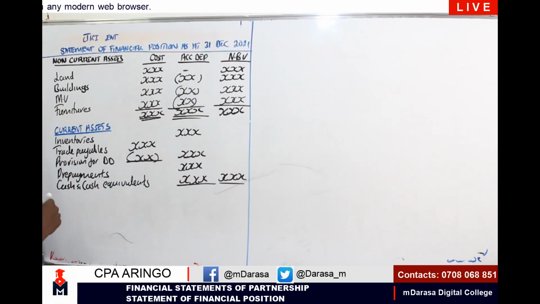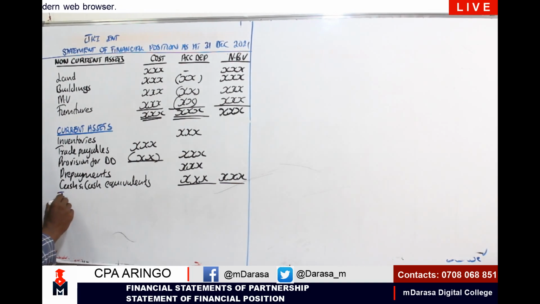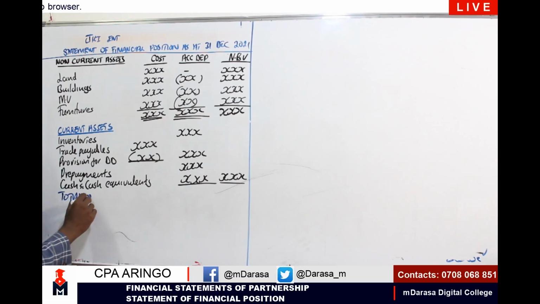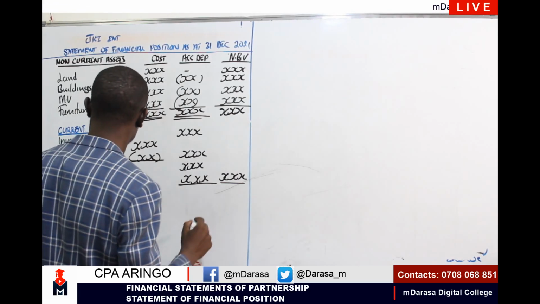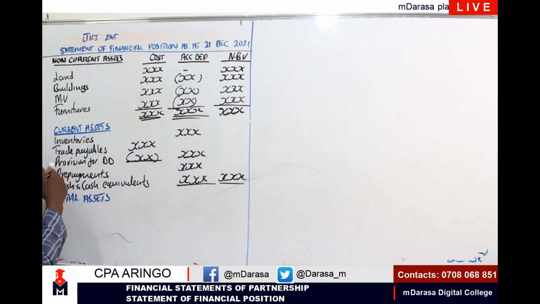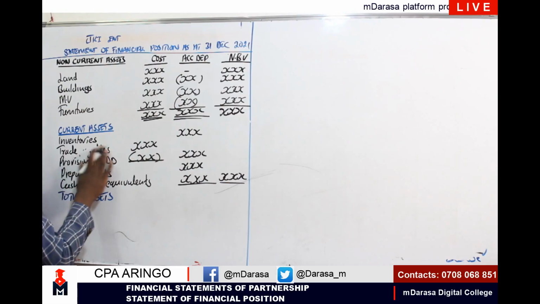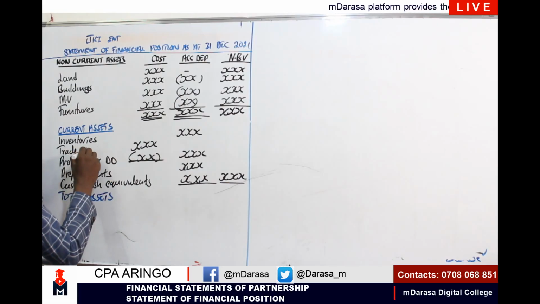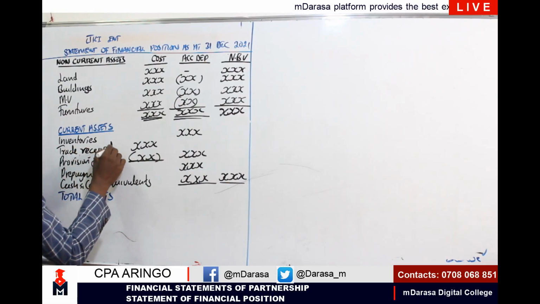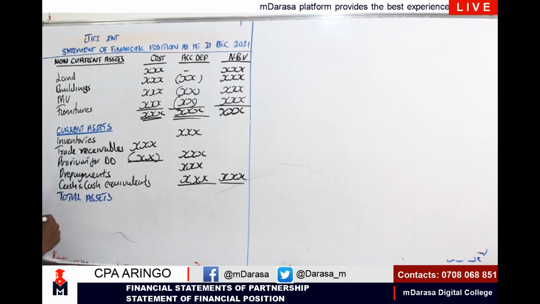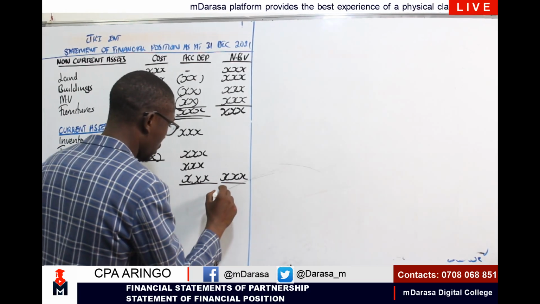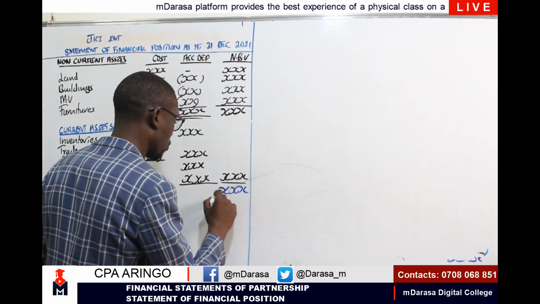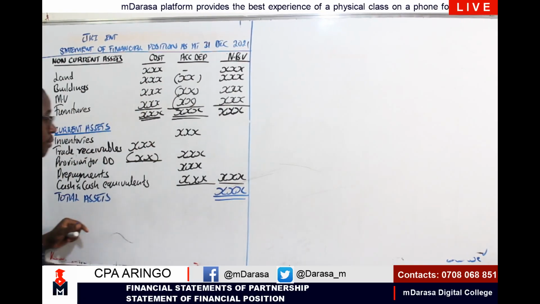This should give us total assets. This is receivables. Sorry, this is not payables. This is receivables, trade receivables, right? I know you're also wondering, Mwalimu, what is happening, right?